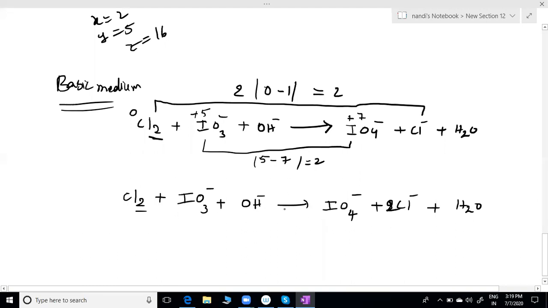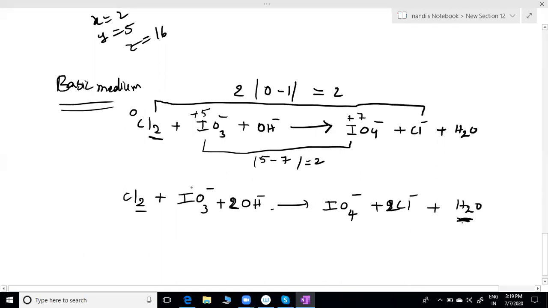But hydrogens are also not balanced. We can check it here: 2 hydrogens. Now I am adding 2 OH minus, or 1 more OH minus. In basic medium you can add it. Now check whether everything is balanced or not. Those hydrogens or the charge we are balancing by adding OH minus ion.